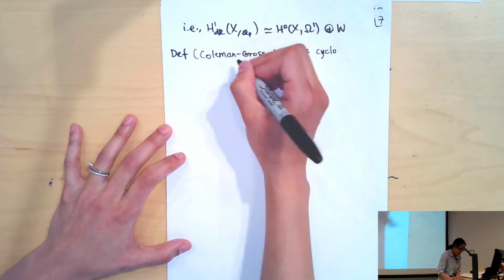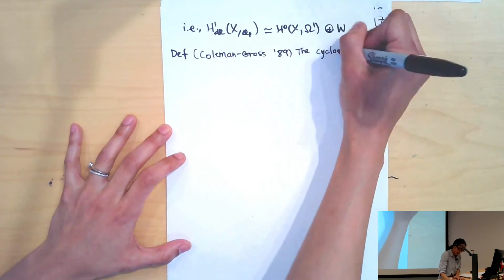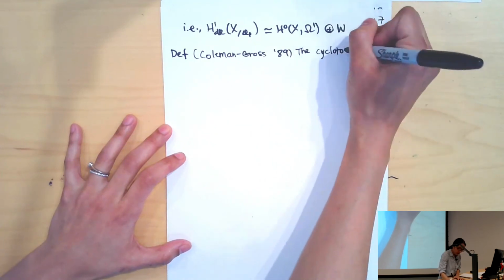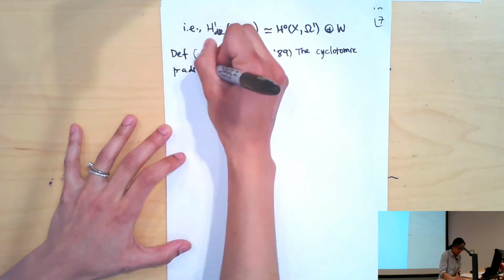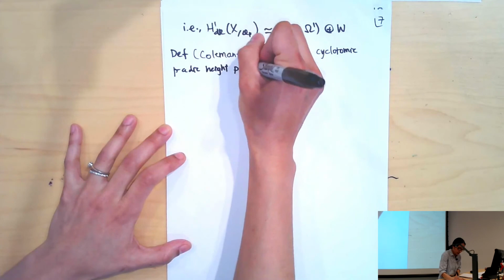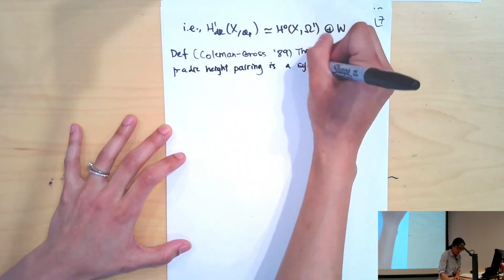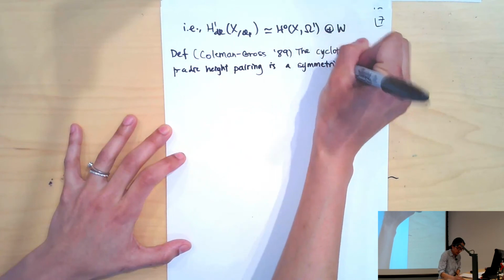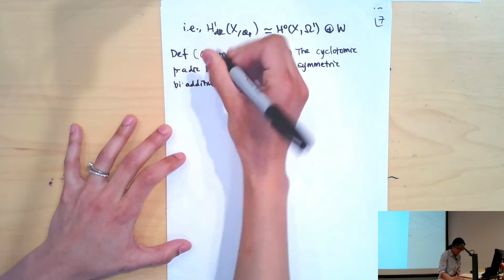So to give the Coleman-Gross setup for Jacobians of curves, we first start with the cyclotomic p-adic height on degree 0 divisors. So this is a symmetric bi-additive pairing.